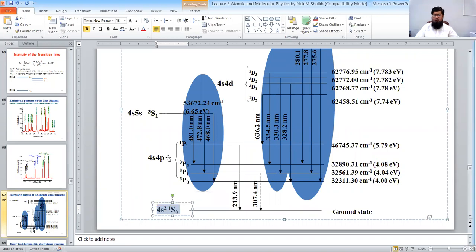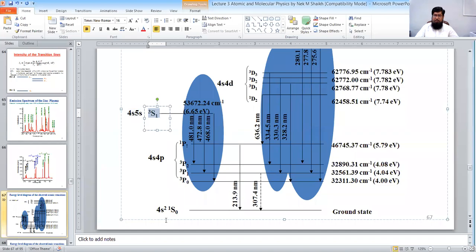These are the levels of 4s 4p, which is equal to 1P1, 3P 0, 1, 2. Or it may be possible that one of the s electrons is excited into the 5s. So the combination is 4s 5s, and its term value is 3S1.